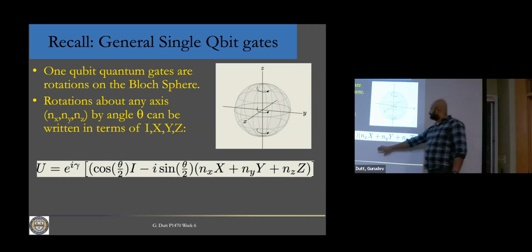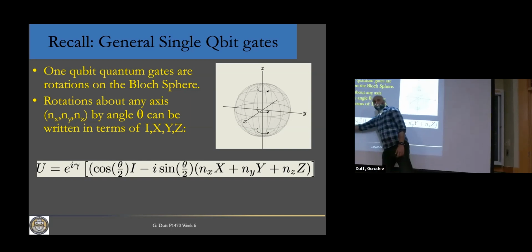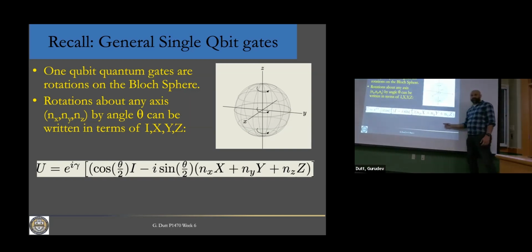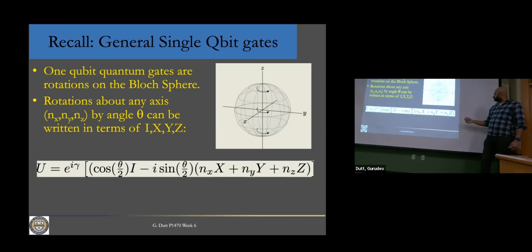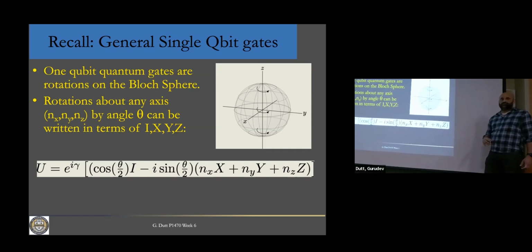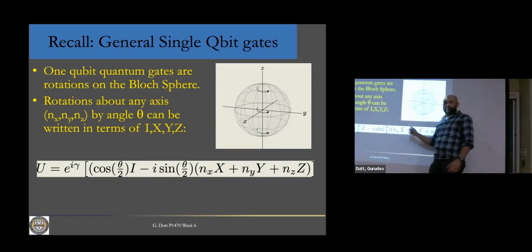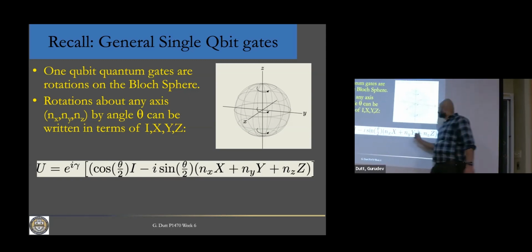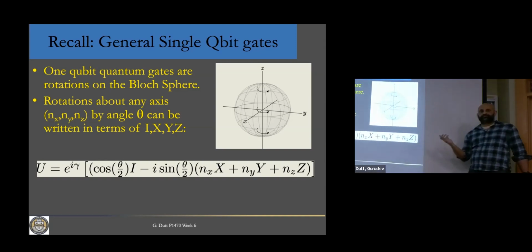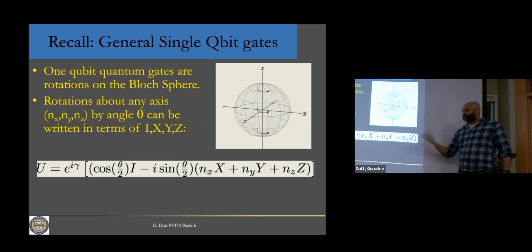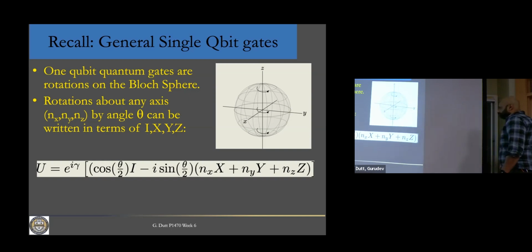But the point is that any gate U can be written as this combination around any axis X, Y, Z, as this equation. But now remember, in the language of linear algebra, I, X, Y, and Z are just matrices. So all this is taking some matrices and adding them together with some angle. So let's do that with the angle epsilon.